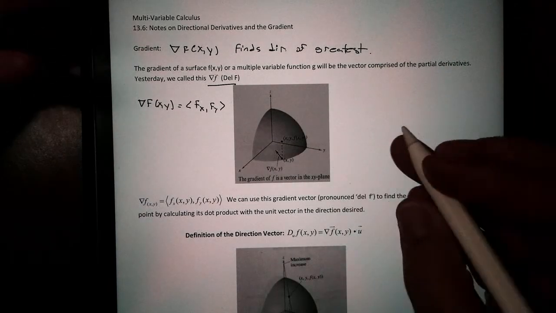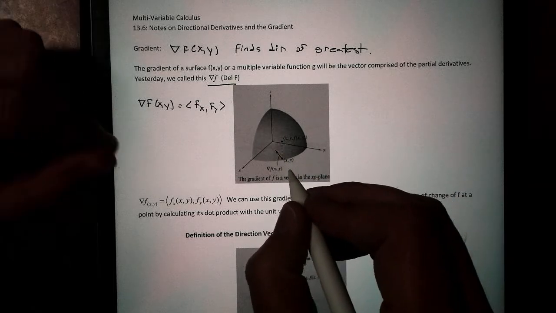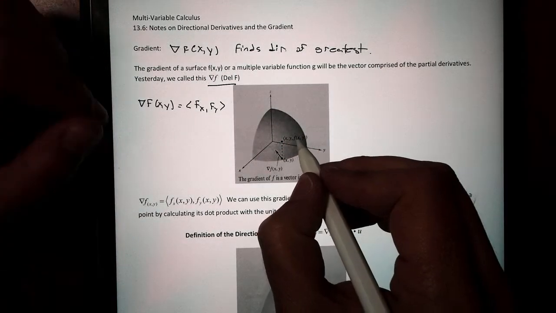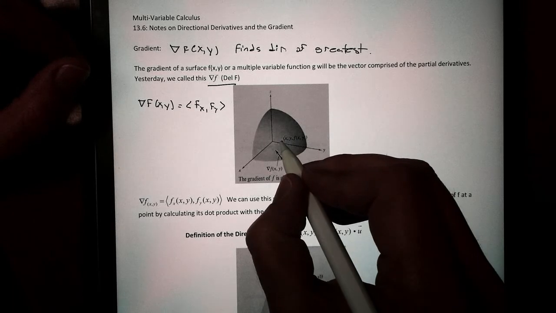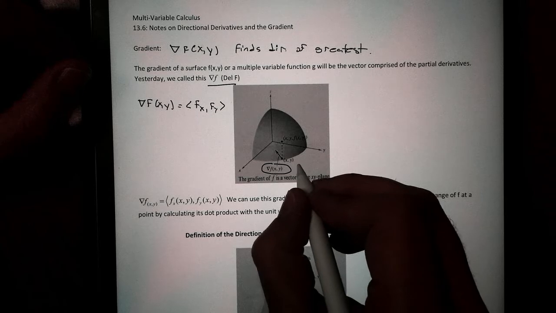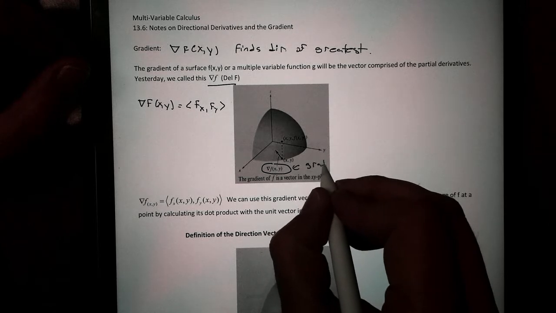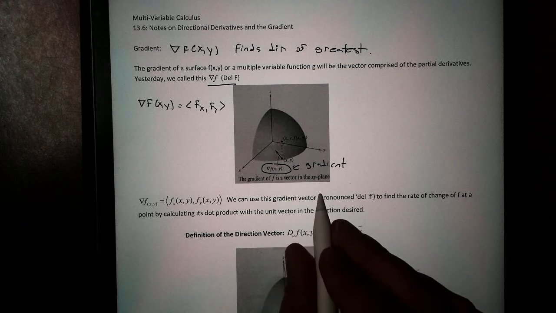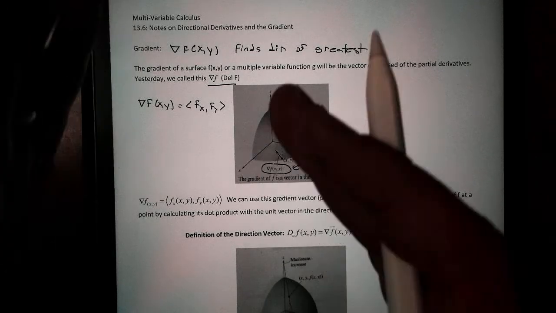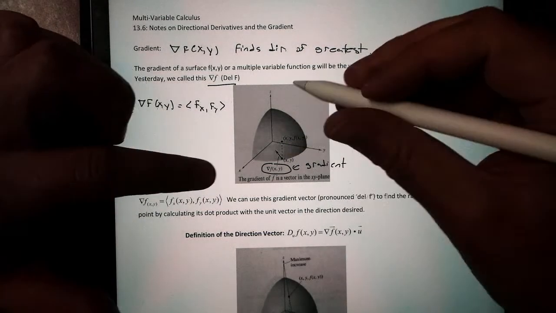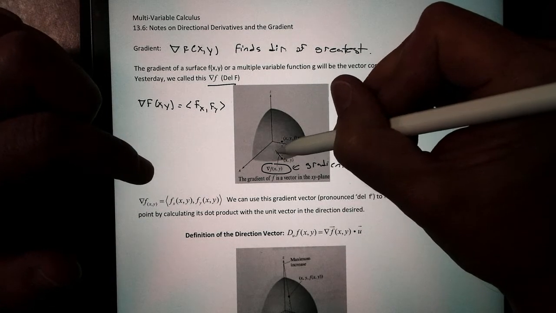So what this means for us graphically is right down here. Up here we have this surface, and we are standing at this point. Down below here, we're given the gradient of the function. So this is our gradient right down here. Now remember, this is giving me the direction of our greatest change. So if I'm standing at the point, I will be heading in the same direction.